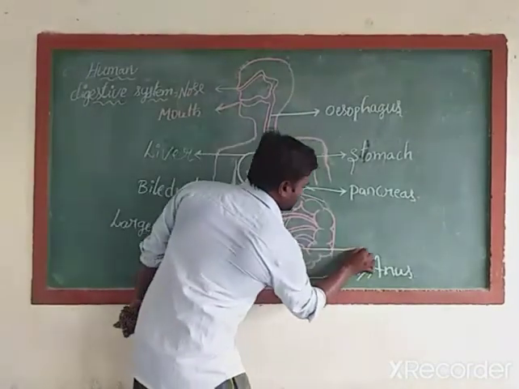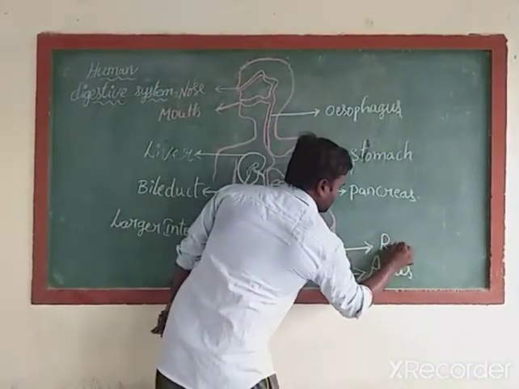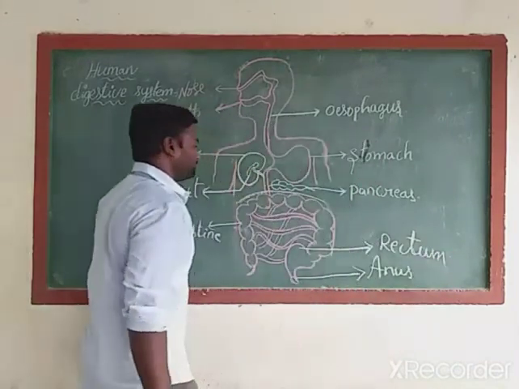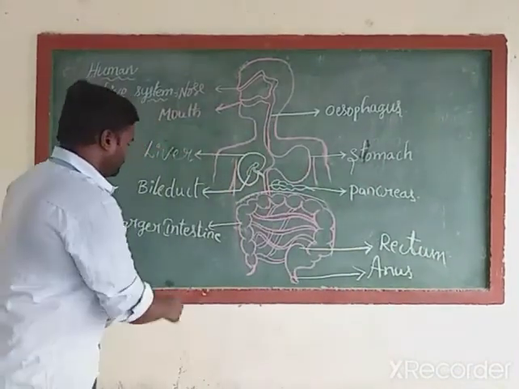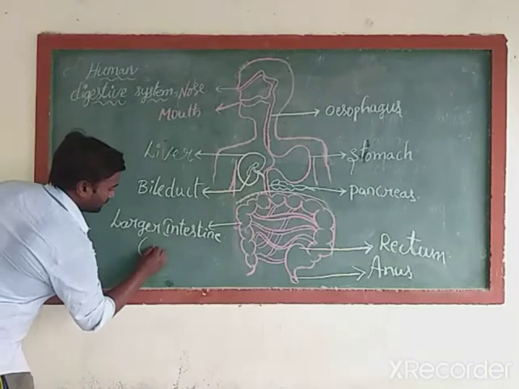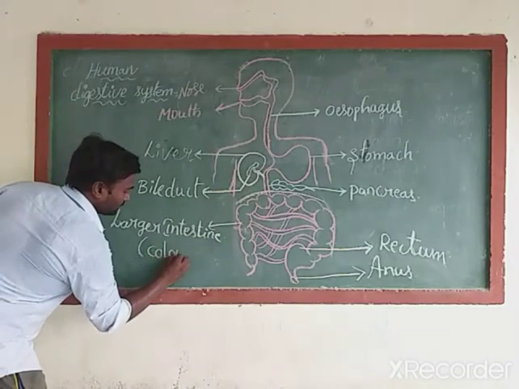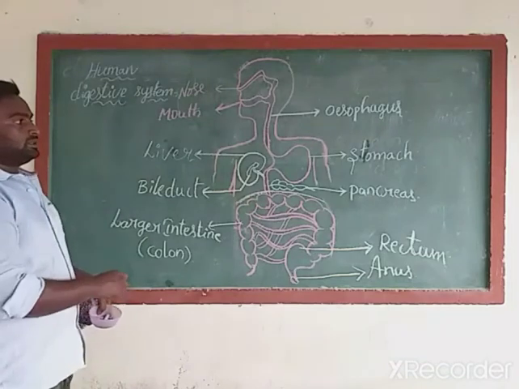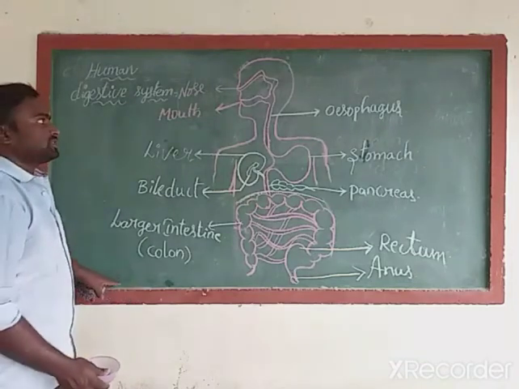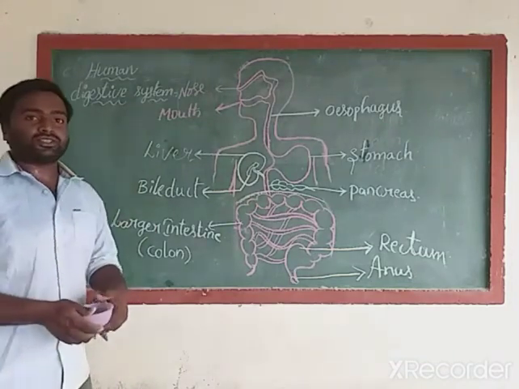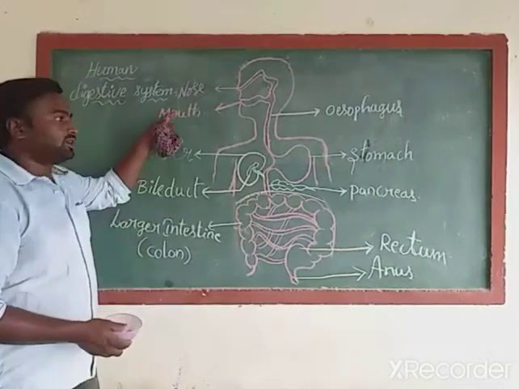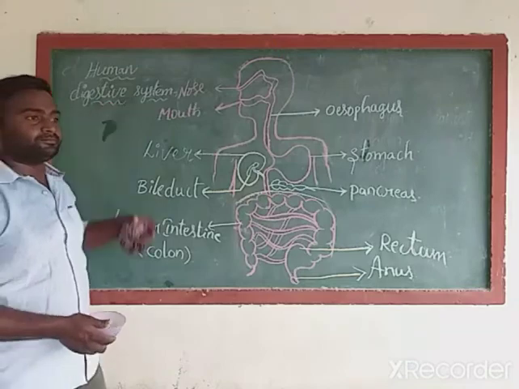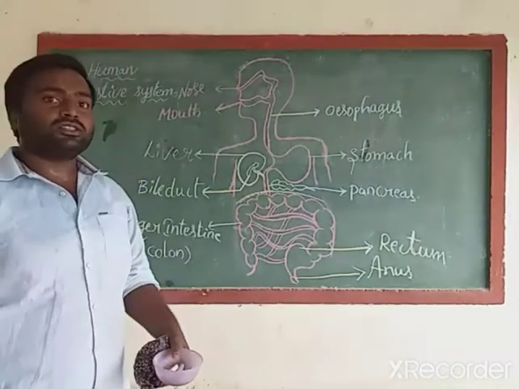This part is rectum. This larger intestine is also called colon. Larger intestine is also called colon. This is the structure of the digestive system. These are all the parts of the human digestive system. Okay. Now you also draw this diagram.